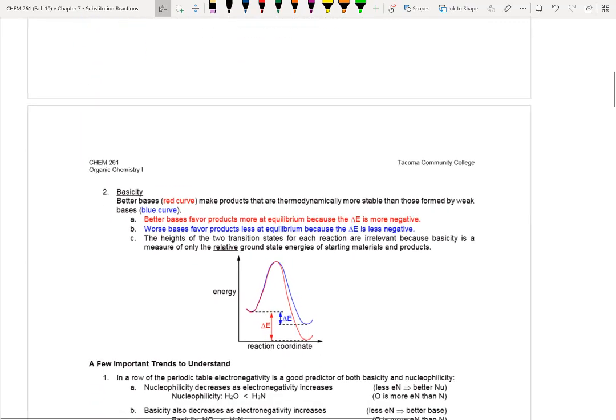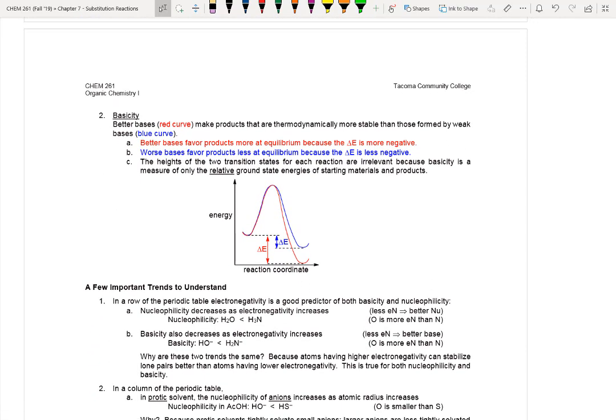All right, let's go to the next page though. With basicity, do we look at activation energy, or what are we looking at with basicity?